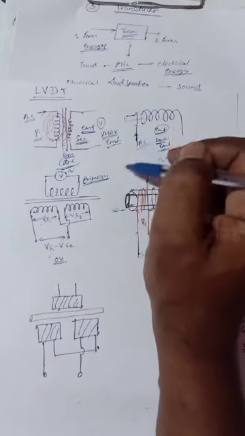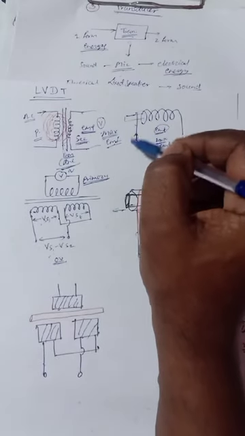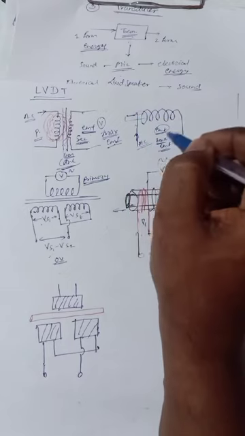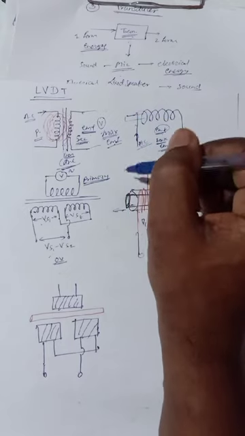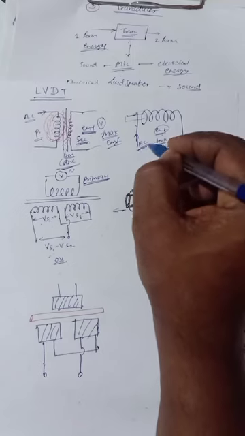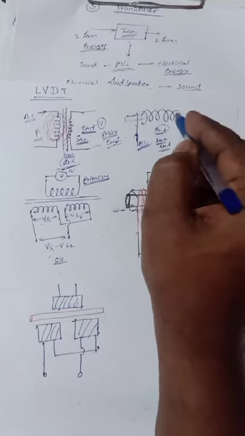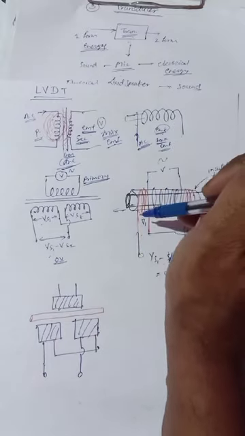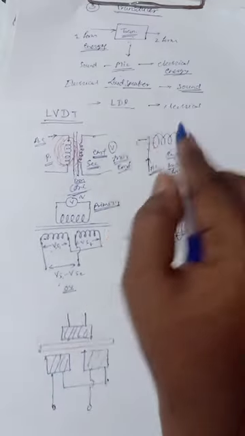So it depends on the core also. You have to know that this EMF depends on three factors: the AC frequency applied, the number of turns, and which type of core is used for this coil.